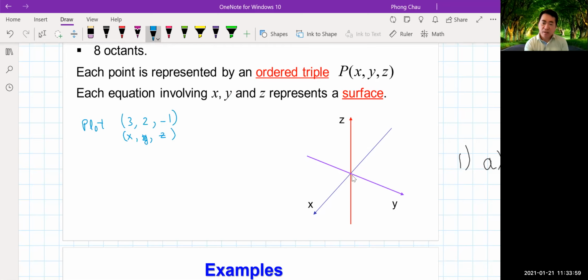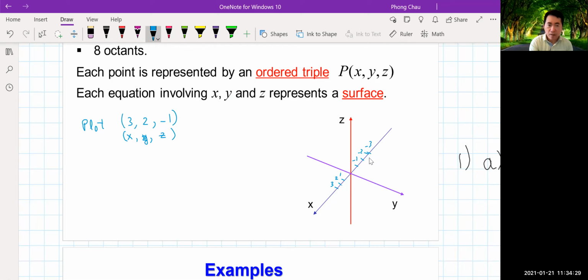Now notice that the x coordinate is pointing toward you. If you do the counting on the x-axis, you have 1 here, 2 here, 3 there. So it should be 1, 2, 3. And in the negative direction, -1, -2, and -3 in that order.